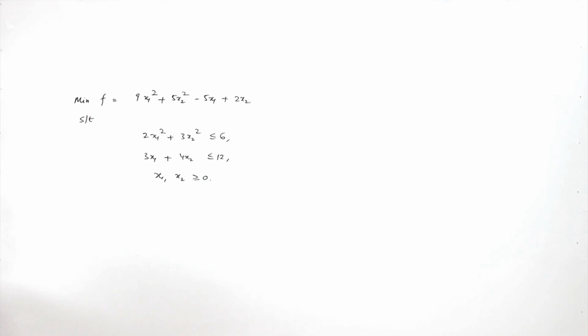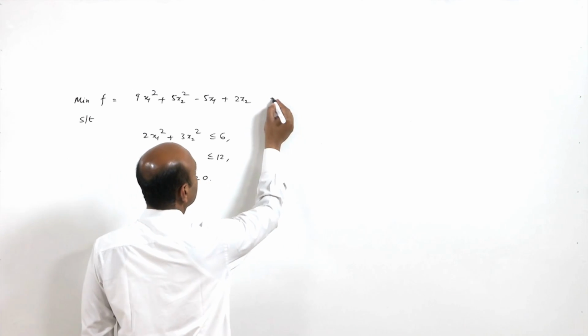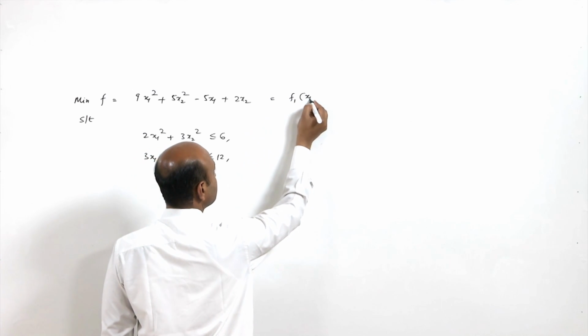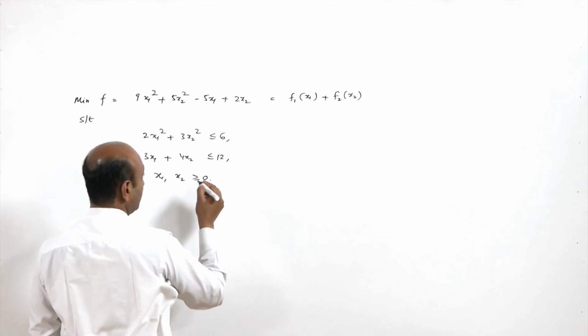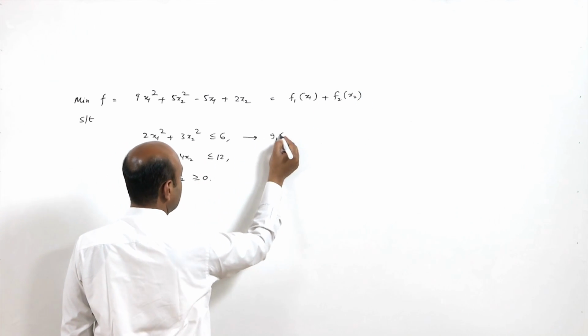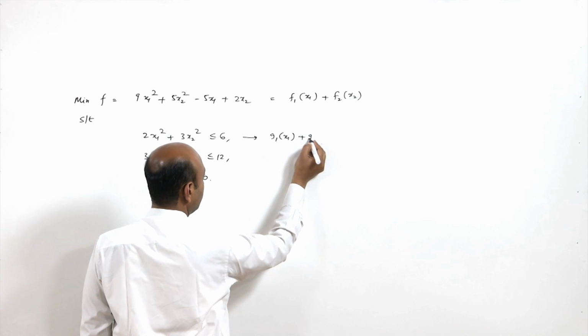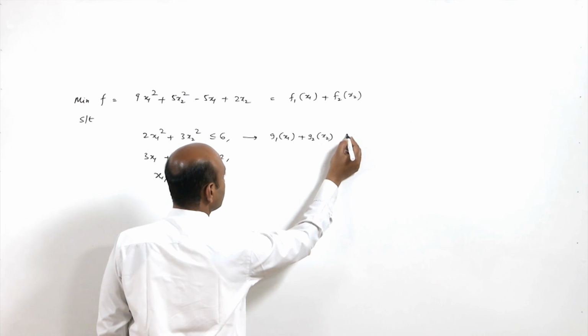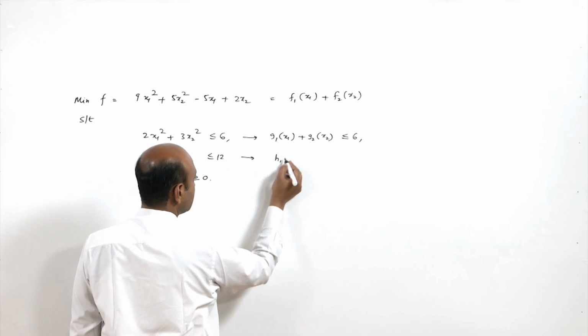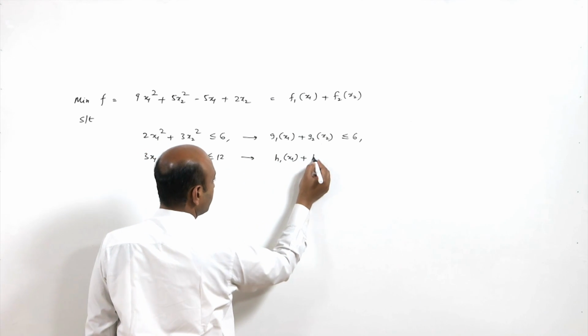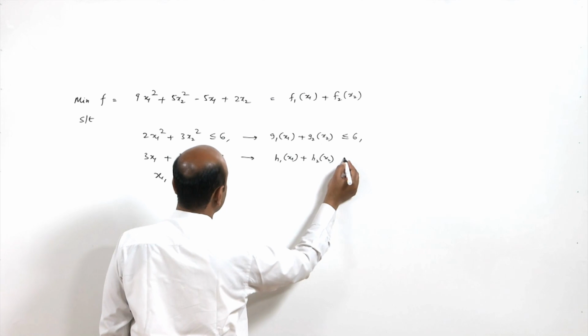If you take this problem, you can split f as f1 x1 plus f2 x2. You can split this as g1 x1 plus g2 x2 less than or equal to 6. You can split this constraint as h1 x1 plus h2 x2 less than or equal to 12.